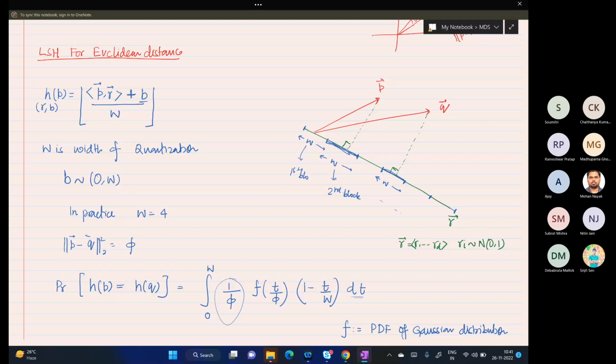Yeah, so this f is the PDF of the Gaussian distribution, and this is 1 minus t by W. Why have you chosen the PDF of the Gaussian distribution? Because we are choosing this line with each coordinate sampled from a Gaussian distribution.